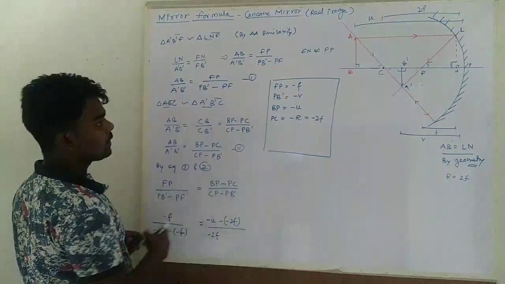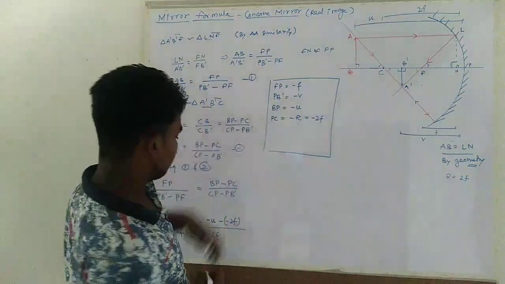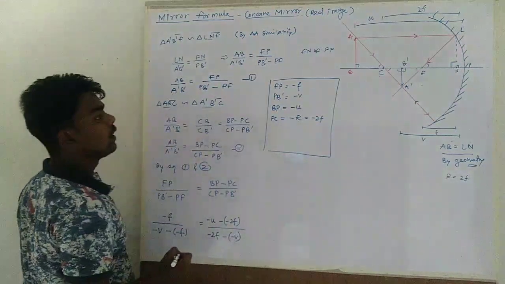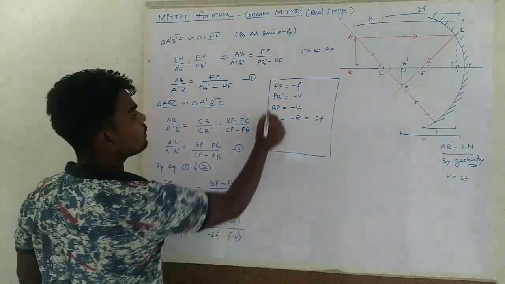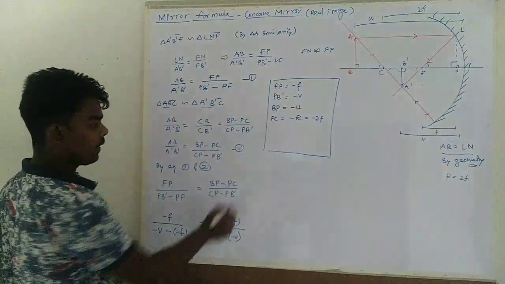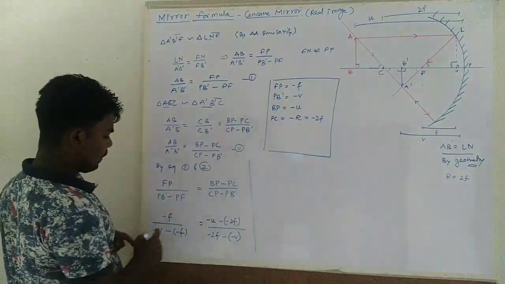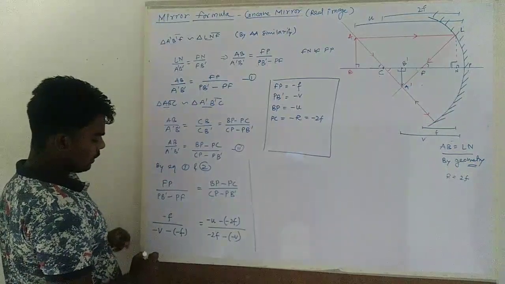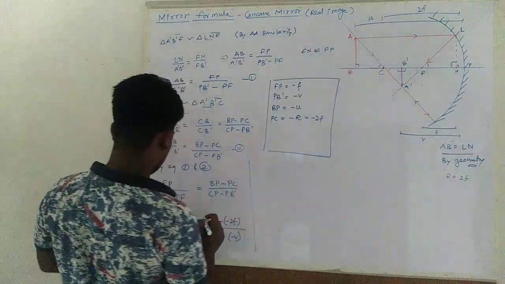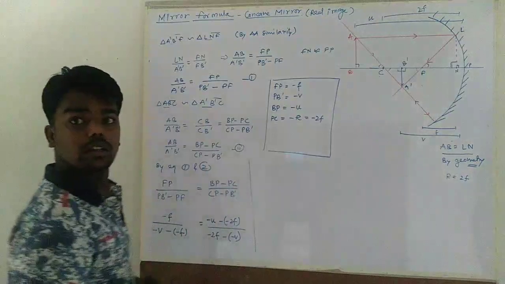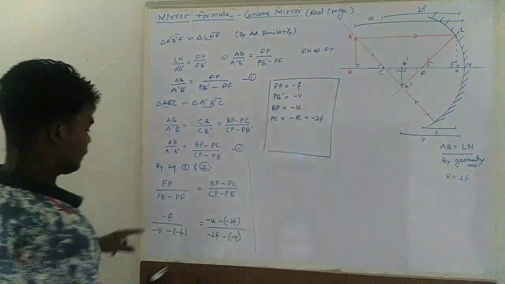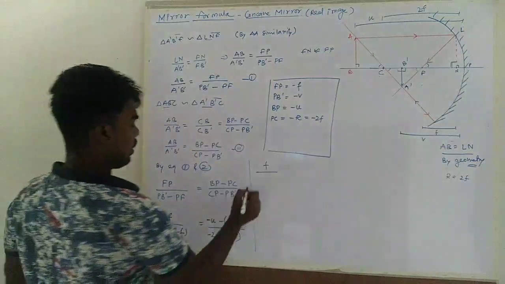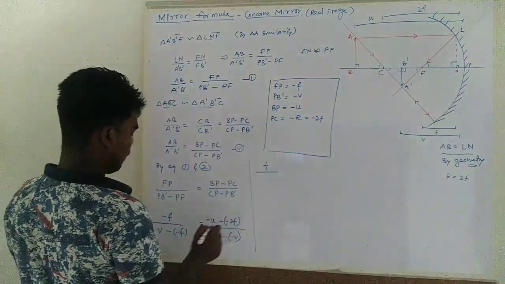Then PB dash is minus V. Minus V came here. Now just simplify it. Take the negative from here and cancel it. So this will become F upon F.